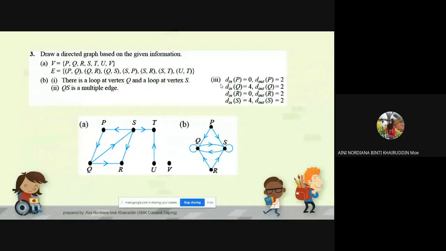So for 3, D in P is 0 means there is no edge into P, but D out for vertex P is 2. So P to Q and P to S. Okay.